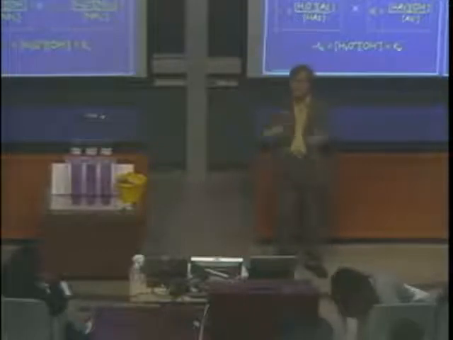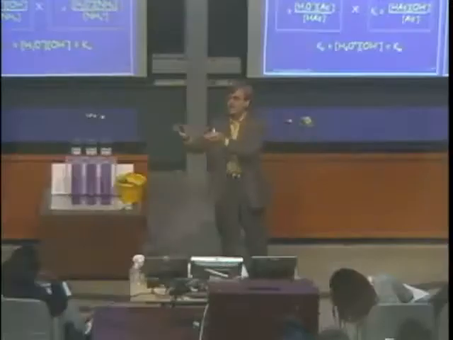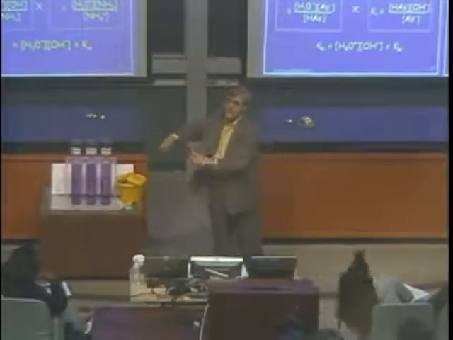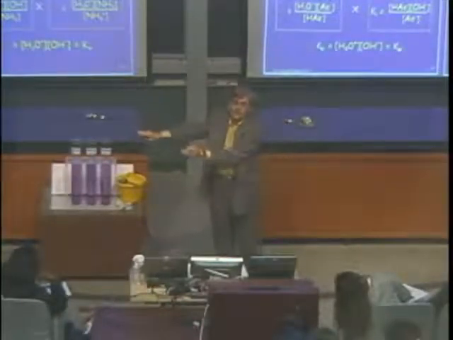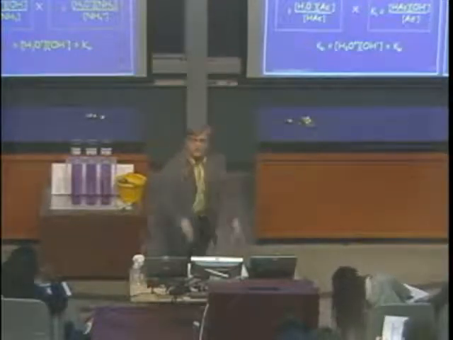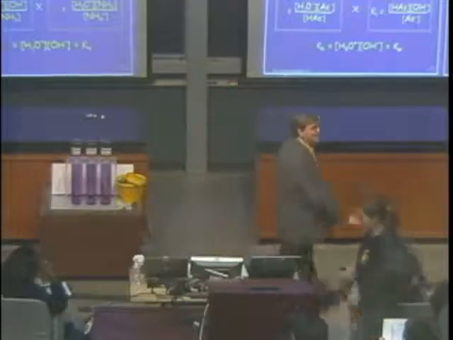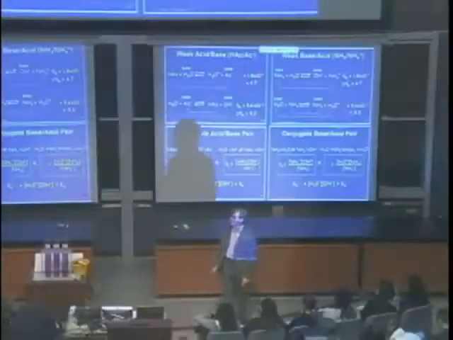So if it's HCl, it reacts with water and makes H3O+. I'm pointing towards the right side because the equilibrium goes to the right side. It completely dissociates to H3O+. Actually, I should point this way because they're always written this way for you, okay? It goes into H3O+ and Cl-.